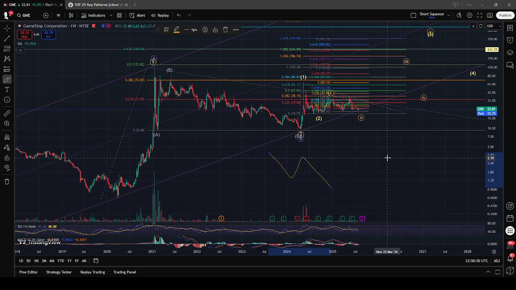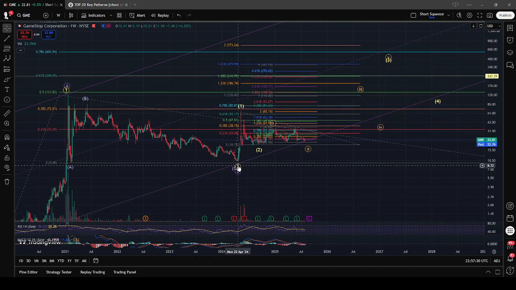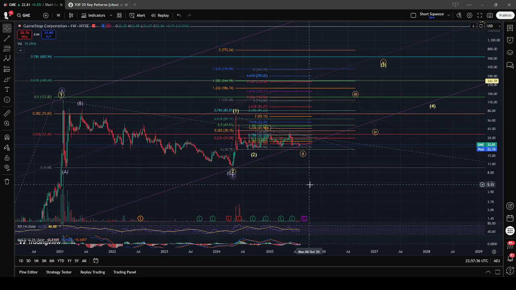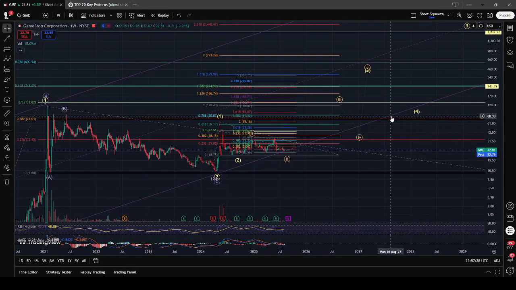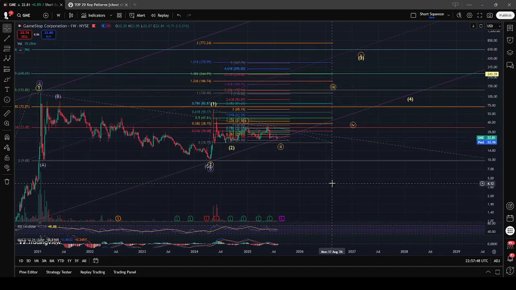But it does happen. I also have it counting as a 1, 2, and then we would be making our 3, and or C wave. The C wave would subdivide into 5 waves, right? So if it's a C wave, it would move into 5.